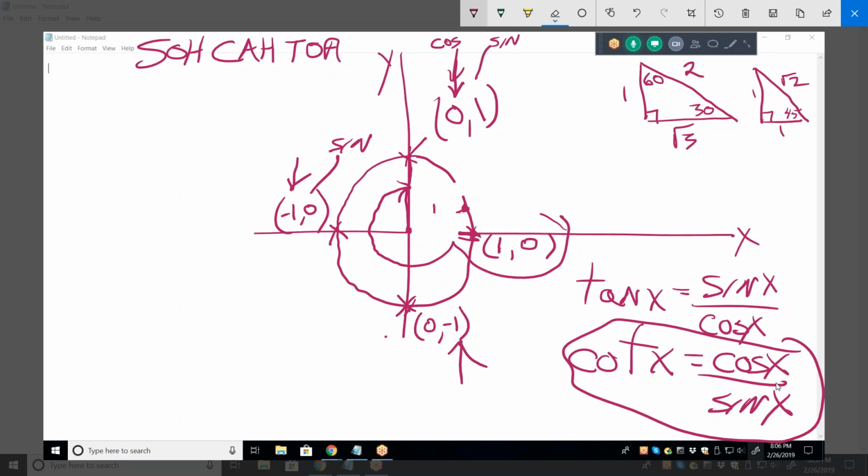And you get them by labeling your intercepts, your two x-intercepts and your two y-intercepts. You know what those labels are based not on trig, but on algebra or geometry.